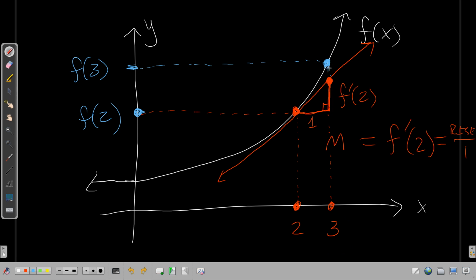They are different by this much, but it's not that much different. And the length of this little red line right here, this vertical red line, is f prime of 2, and it's very close to the actual change between f of 3 and f of 2.